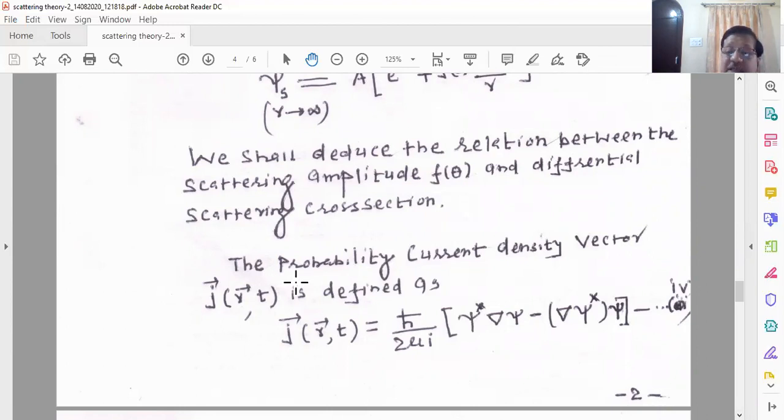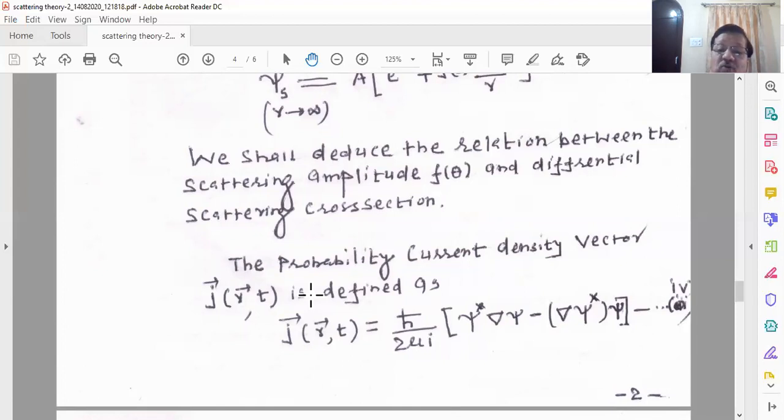Because of the flow of particles, you have a current density vector. There is a flow of incident particles along the z direction. Similarly, there is a flow of scattered particles along the r direction, while unscattered particles also move along the z direction.